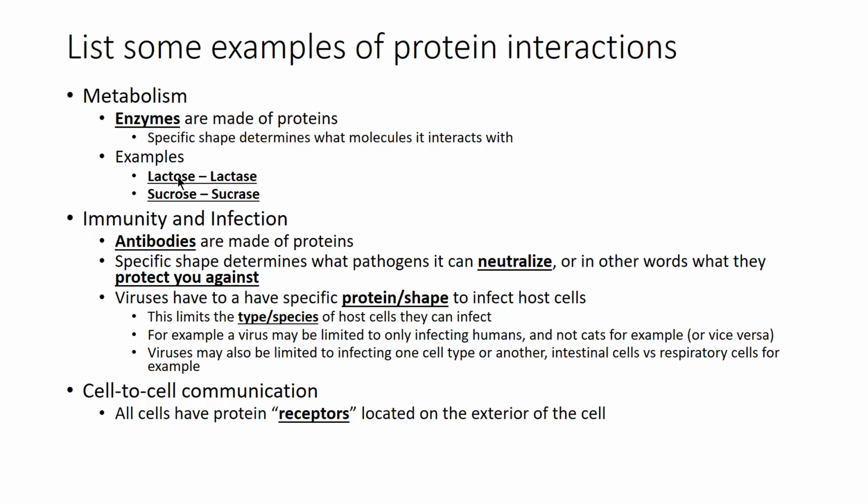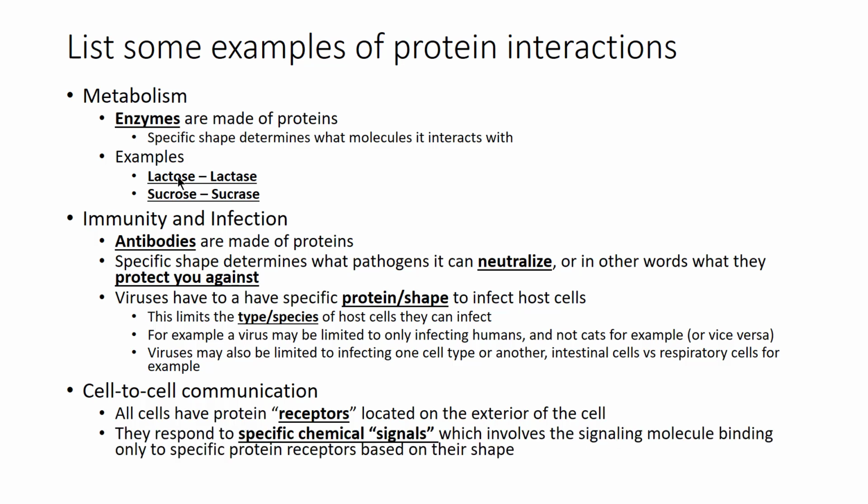So the shape allows it to grab a molecule that is acting as a feedback signal that, when binding, gives an internal message or sense of feedback to the cell, causing it to respond in some way. So ultimately, all cells communicate through some form of protein signaling process.